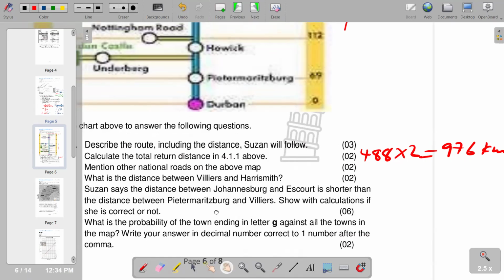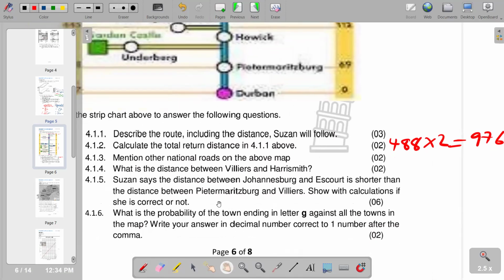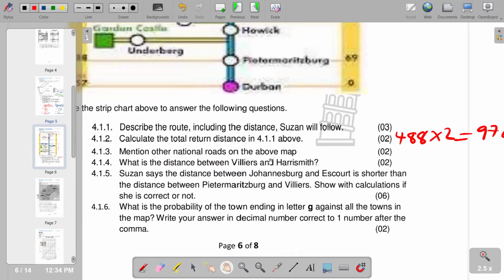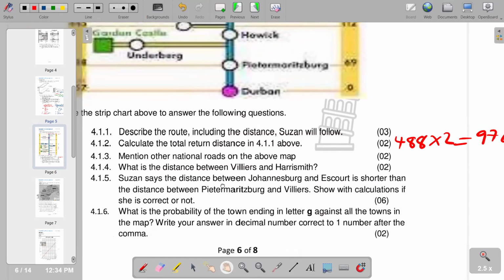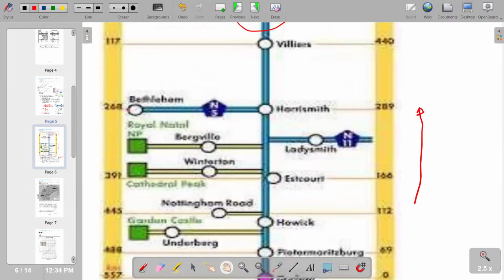So on the next part, we have 4.1.3, saying mention other national roads on the above map. So other roads that we have, we see that we have got N5, which we have on this part, but we can easily identify there.